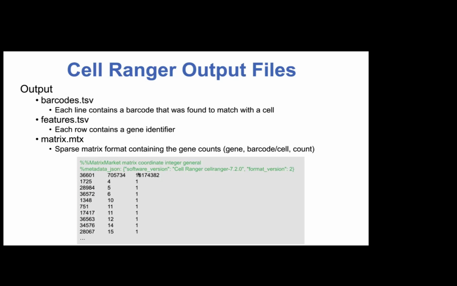And I'm pretty sure this number used to be the number of unique barcodes that it found. But this is the maximum number of rows in the barcode. So I checked this. I don't know if this is a bug in the latest version, but this just tells you the number of barcodes in total, not the number of barcodes it actually detected.